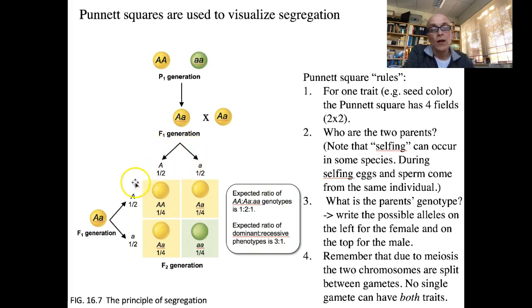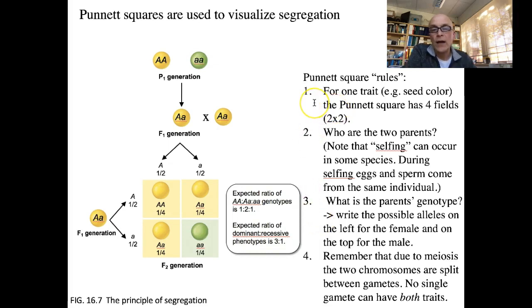So if you want to draw this out and then see what the segregation pattern is, you can draw out what's called a Punnett square. Punnett was a person, a geneticist, and so this is named in honor of Punnett. There are some rules that I'm suggesting that you follow when you are looking at genetic inheritance using a Punnett square.